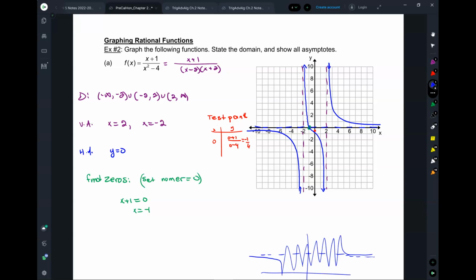Is there a horizontal asymptote between -2 and 2? Okay, the horizontal asymptote is y = 0, but remember it takes effect at infinity. So it's like it just skips that part.